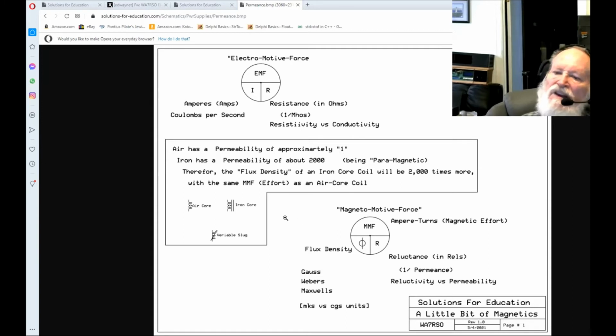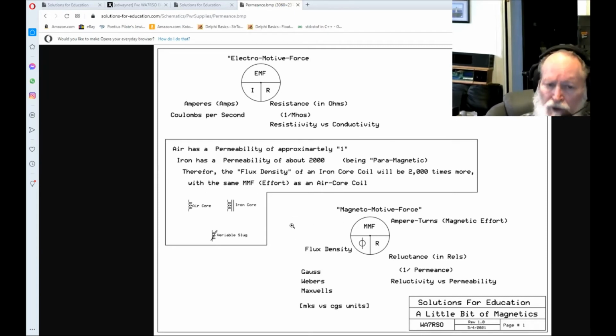Permeability is the ease by which we set up a magnetic field, okay? Ease. Air has a permeability of about 1. Technically, the 1 is a vacuum, not air. So air has just a tiny smidgen bit more permeability than a vacuum does. So they just roughly say, it's 1, leave it at that.